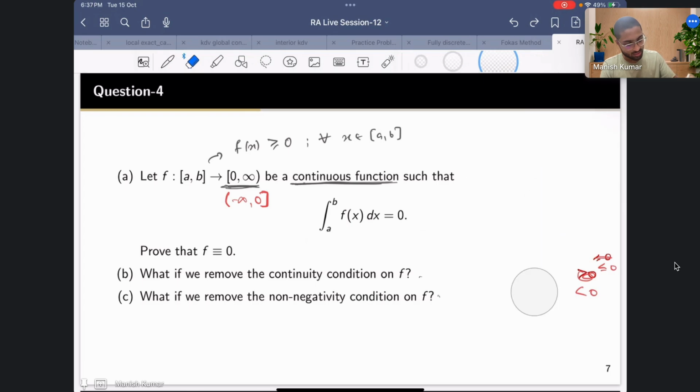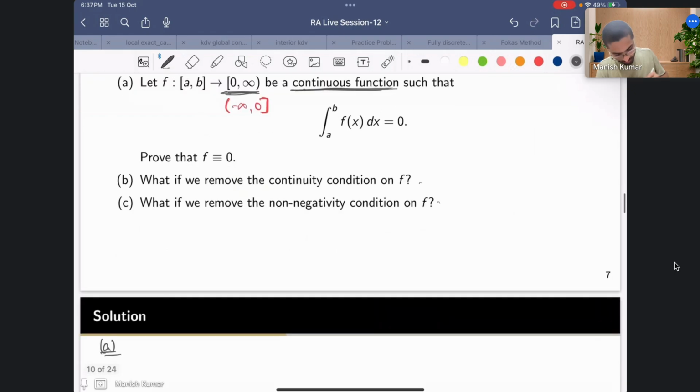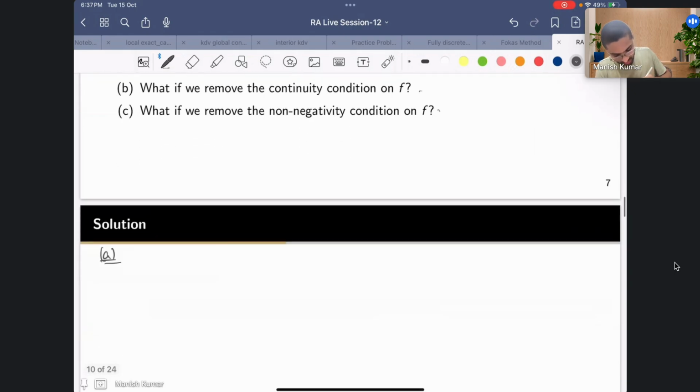Now let's come to the proof. Let us prove by contradiction. If possible, suppose f is not identically 0.